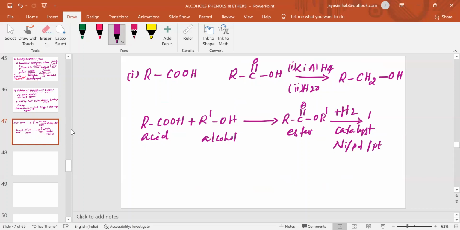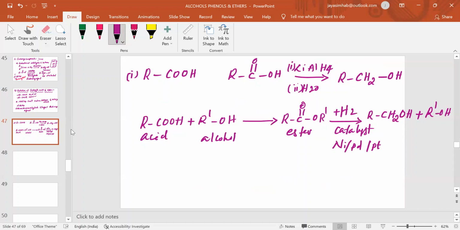So what will happen is RCH2OH plus R prime OH. See, the yield is more. Two types of alcohols are produced, right? So catalytic hydrogenation will help in the formation of the respective alcohols with good yield. Here also, the yield of alcohol is high.